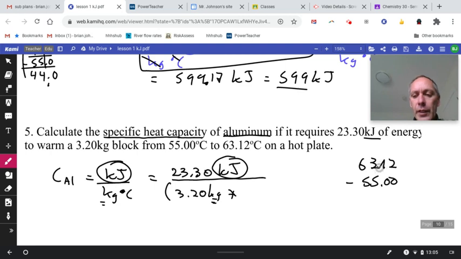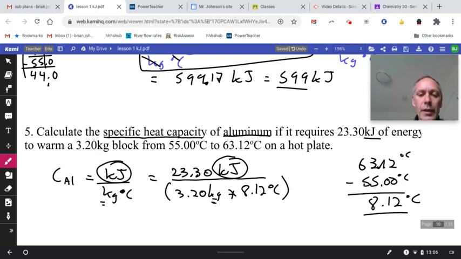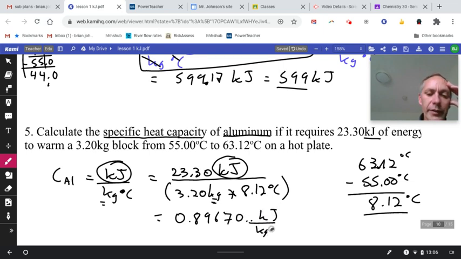55.00. They both have 2 decimal places, so my final answer is 2 decimal places. 8.12 degrees Celsius. This is a lab report. Every number gets a unit. Okay, plug it into your calculator. All of the units remain, nothing cancels out, and you get 0.8967 kilojoules per kilogram degrees Celsius.